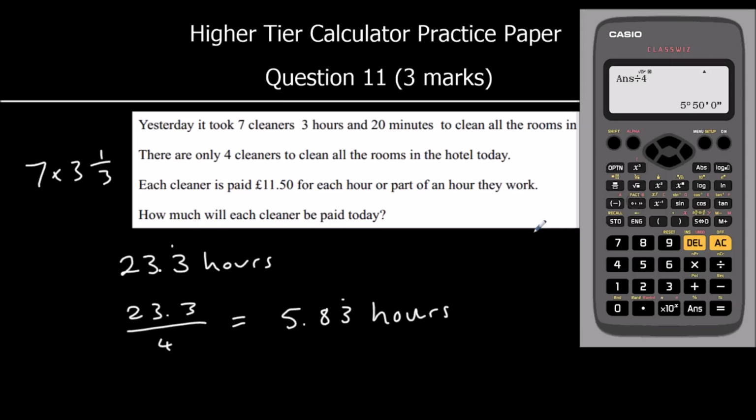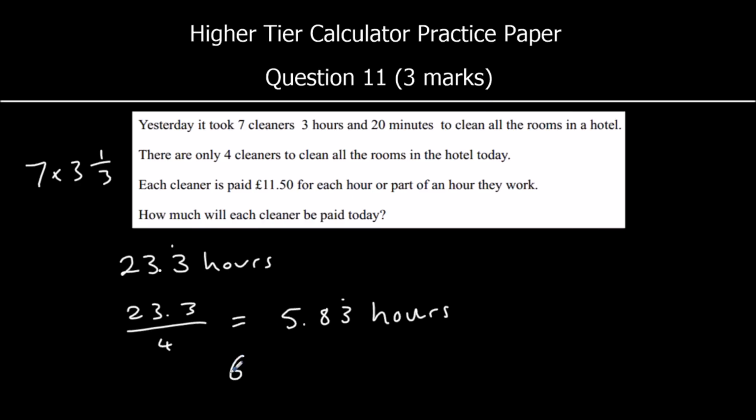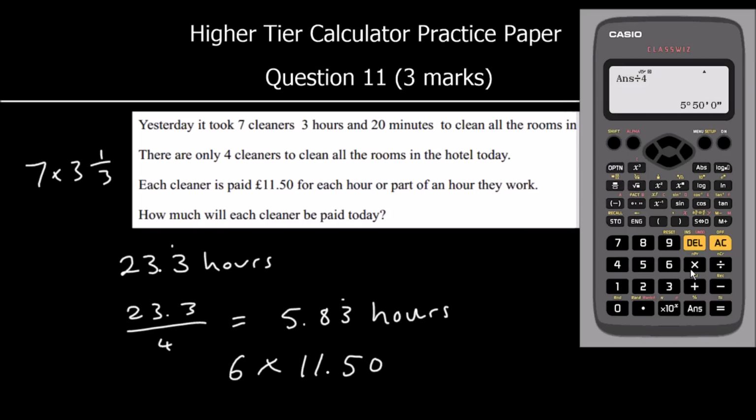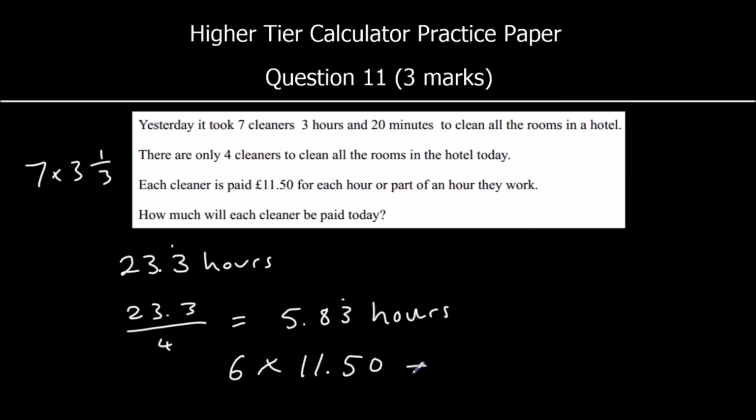If we press the time button, we can find that's 5 hours and 50 minutes, but it doesn't matter because they're paid £11.50 for each hour or part of an hour, so they're going to be paid for 6 hours. So it's 6 times £11.50, and that's 69. So £69 for each of the cleaners.